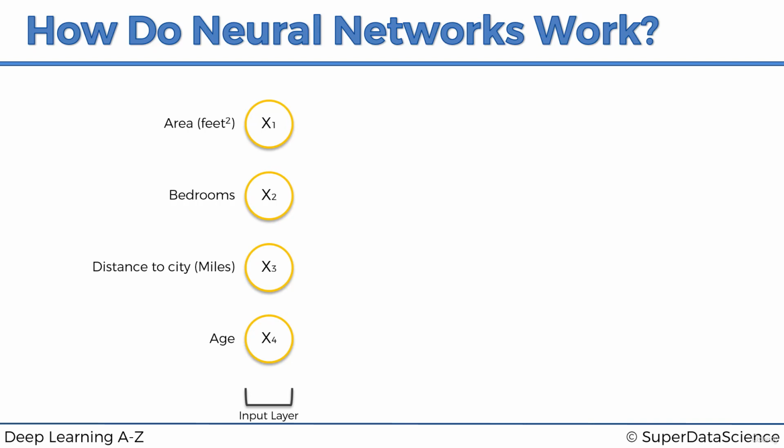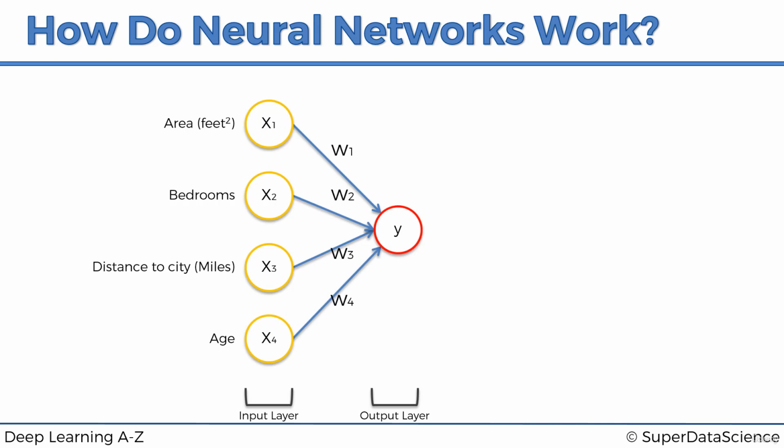Now, in its very basic form, a neural network only has an input layer and an output layer, so no hidden layers. And our output layer is the price that we're predicting. So in this form, these input variables would just be weighted up by the synapses, and then the output layer would be calculated, or basically the price would be calculated.